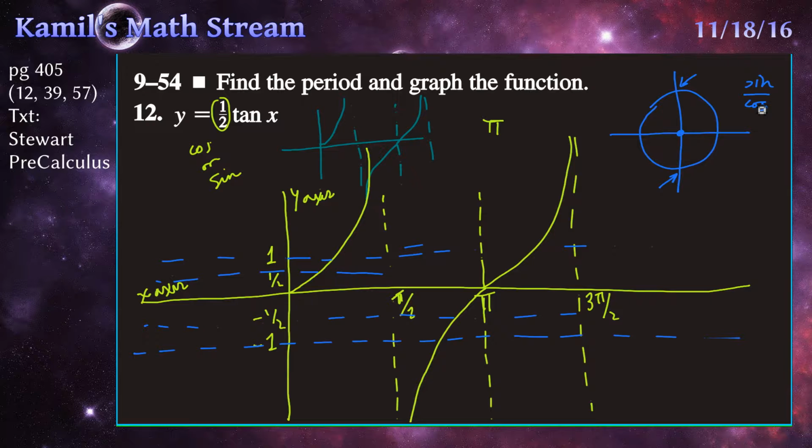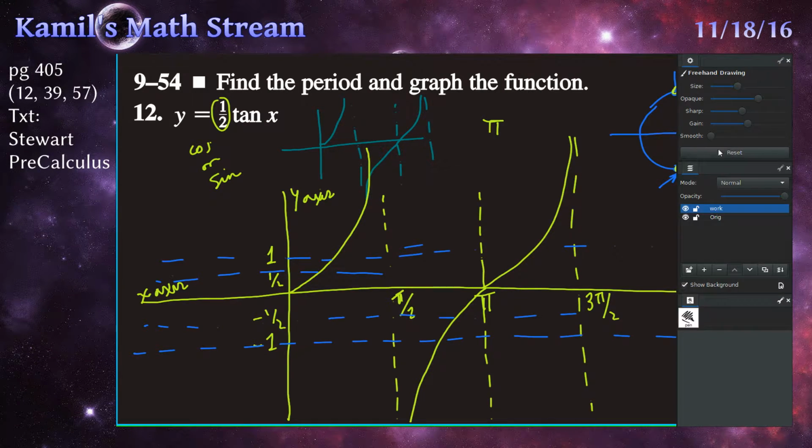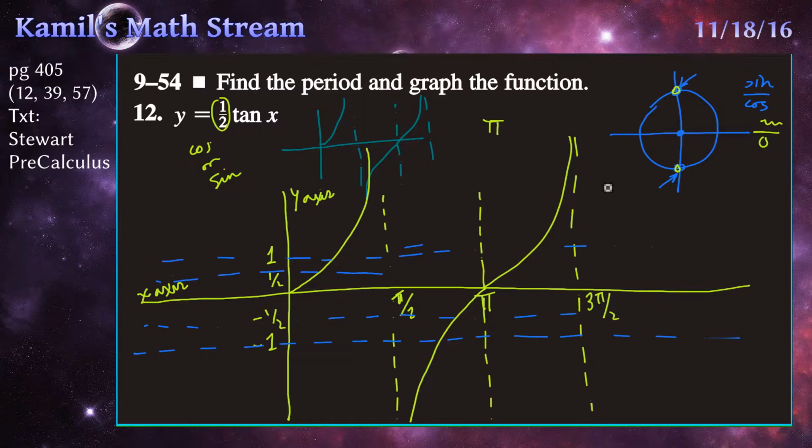Now, if cosine is 0, and that happens here and here, when cosine is 0, it doesn't matter what sine is, right? It'll make that undefined, and that's why we have the asymptotes, right? If a radius is just 1, then that's the normal graph.